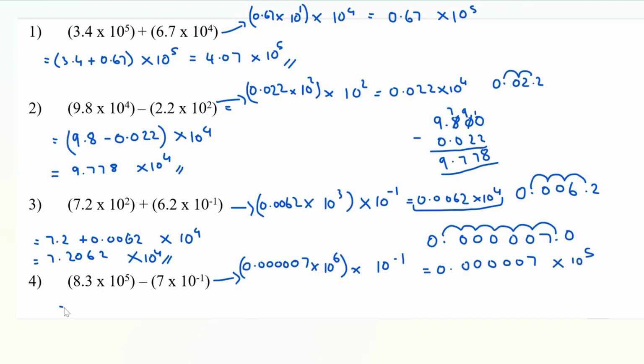Now we just need to go ahead and subtract these coefficients. So 8.3 minus 0.000007 times 10 to the power of 5. We work that out here. We fill in the decimals.